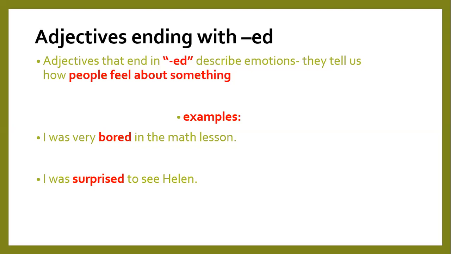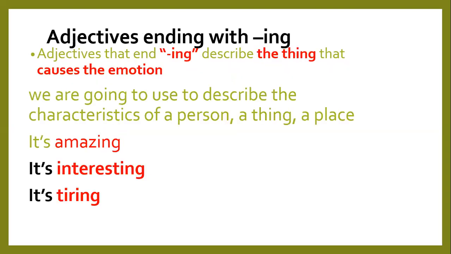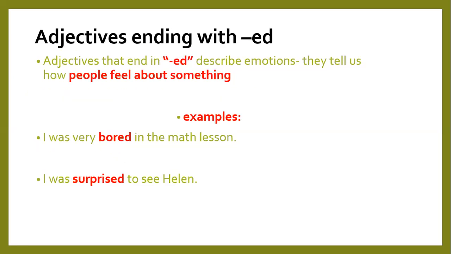How did I feel? Surprised. Okay, so remember, the difference is that ing describes the characteristic of a person, a thing, or a place, while adjectives with ed talk about a feeling or an emotion.